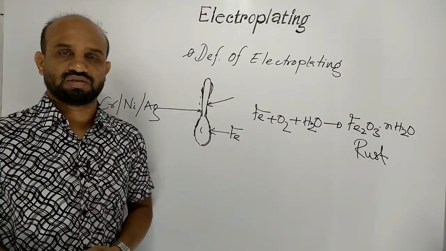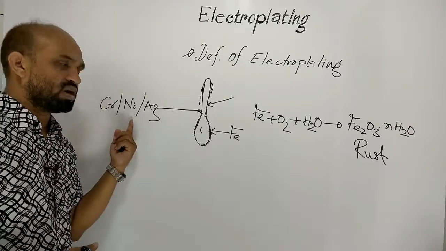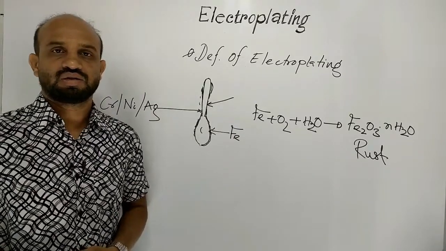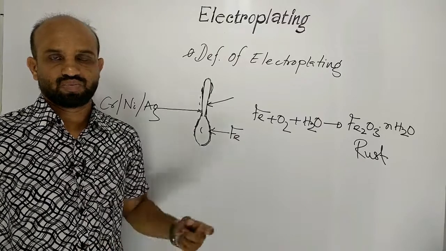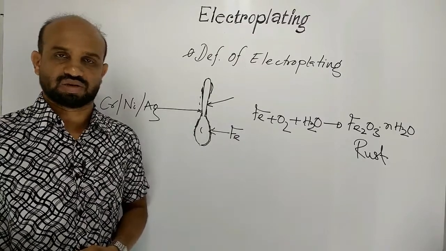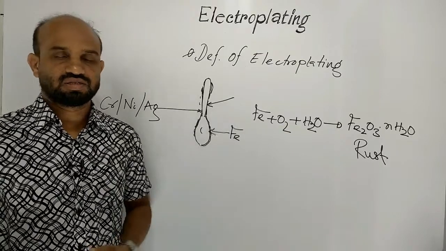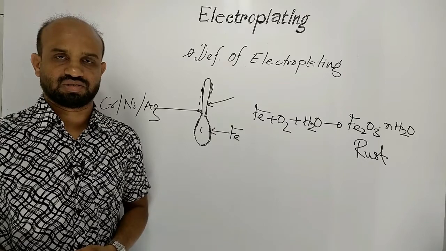Electroplating is defined as the process of making a layer of less reactive metal over the article of reactive metal to prevent the decay of the article. This electroplating is carried out through electrolysis process.